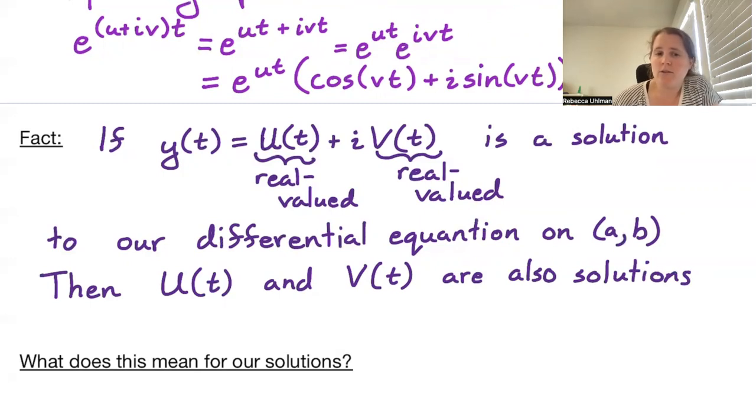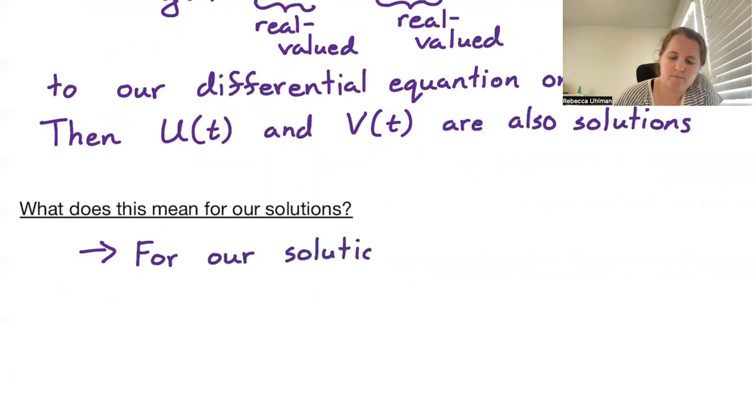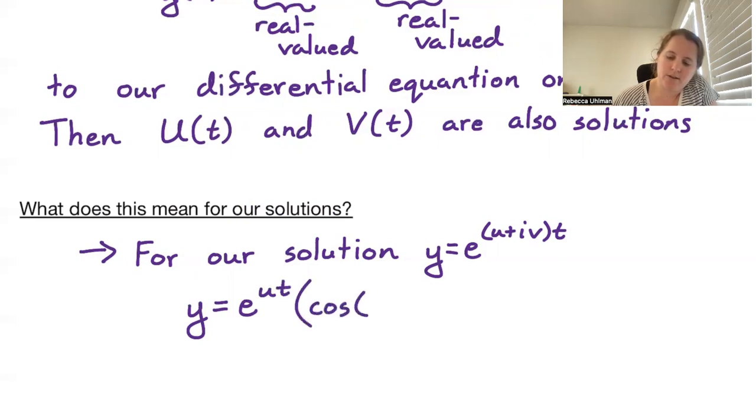So for our solution, y equals e to the u plus iv times t, we have y is equal to e to the ut times, in parentheses, cosine of vt plus i sine of vt.